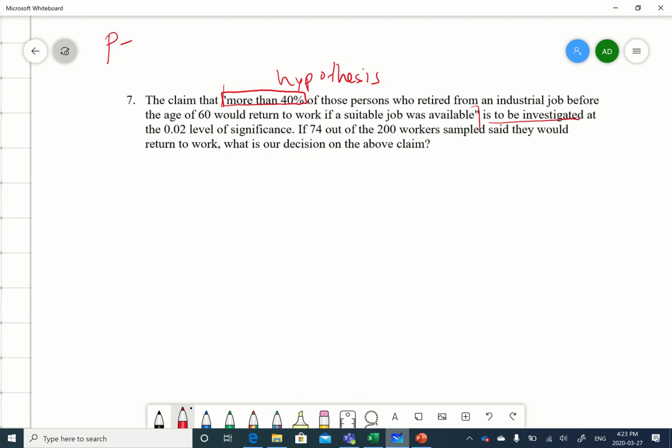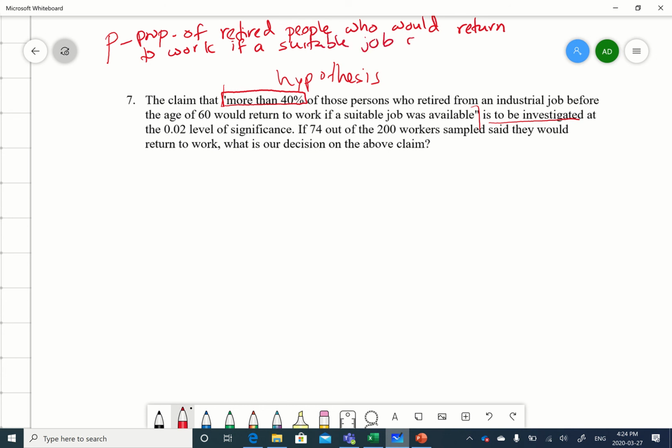And what is this proportion about? This proportion is about those who would return: the proportion of retirees who would return to work if a suitable job was found.